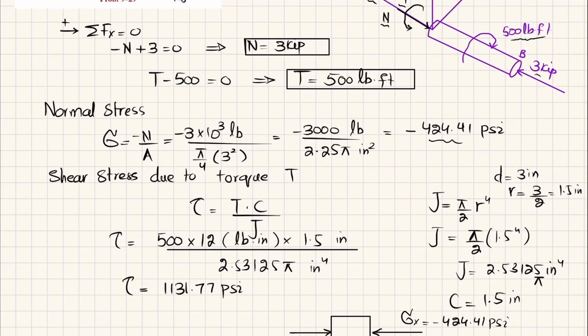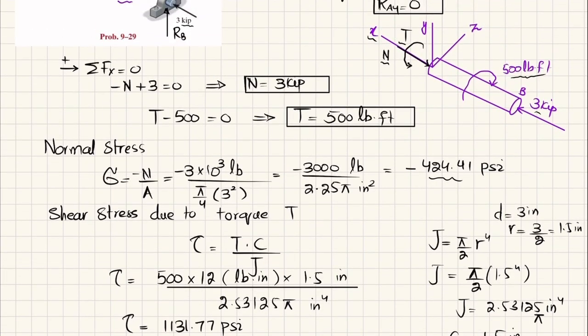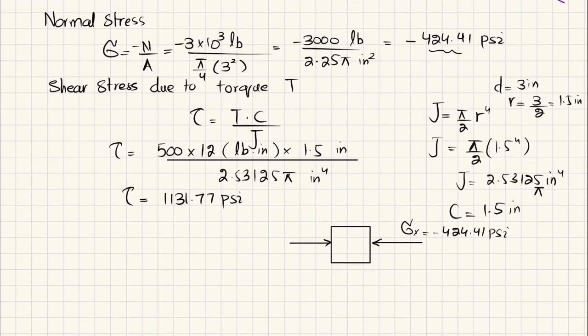So this is y direction, this is tau of xy. That will be like this. This is tau of xy, that is 1131.77 psi.